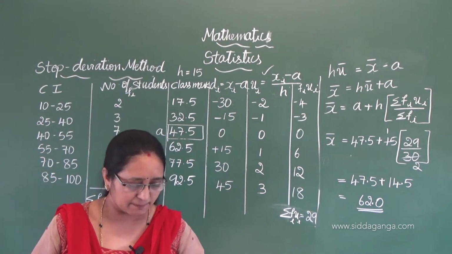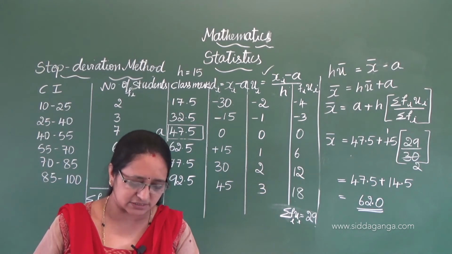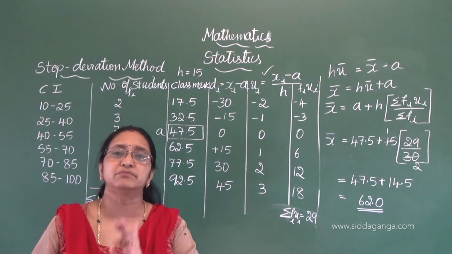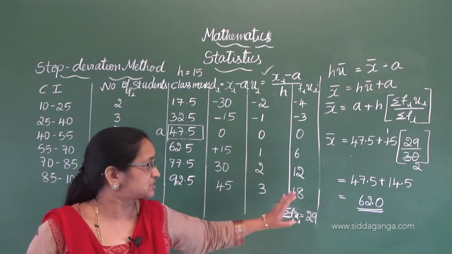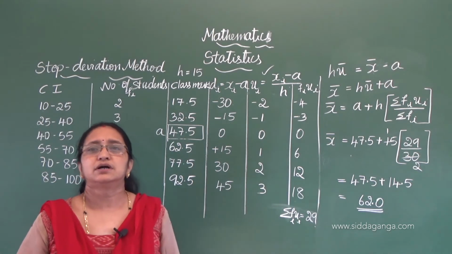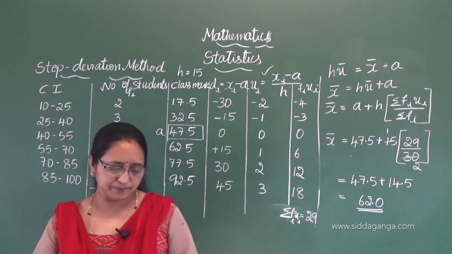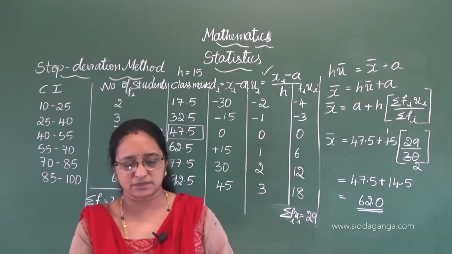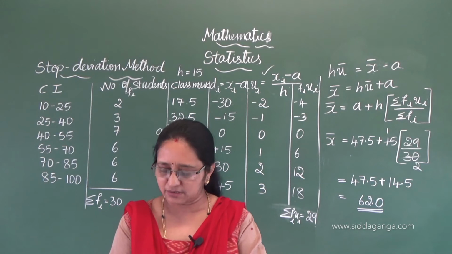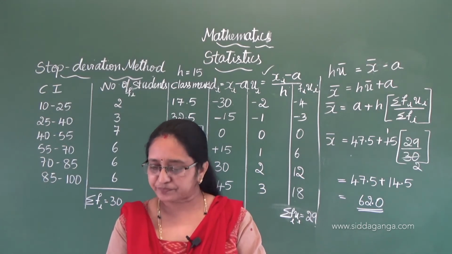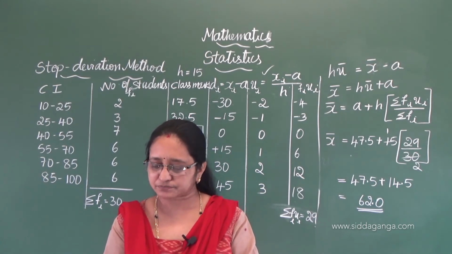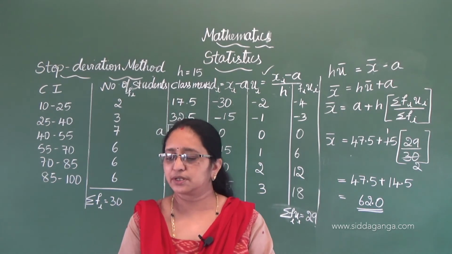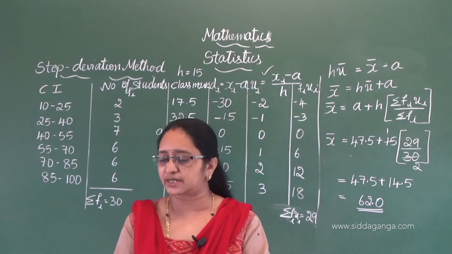That was the example they have done in your textbook. All the 3 methods they have done for the same table. I hope you can check it there in your textbook. See, direct method also they have done. On page number 263 you can see the direct method.